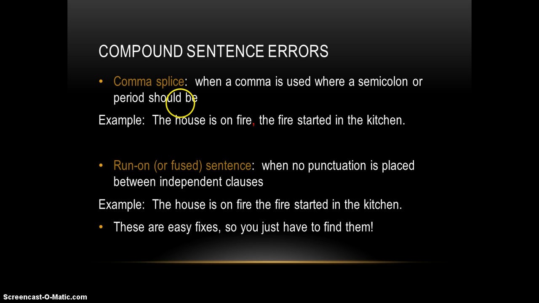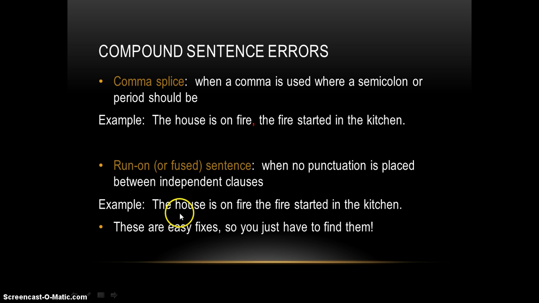I think these happen most often when people are just trying to write a compound sentence, but they forget the coordinating conjunction. So easy fixes. You just have to find them. Same with run-on or fused sentences. There are two names. It's the same error. So fused or run-on. And it's when no punctuation is placed between the independent clauses.